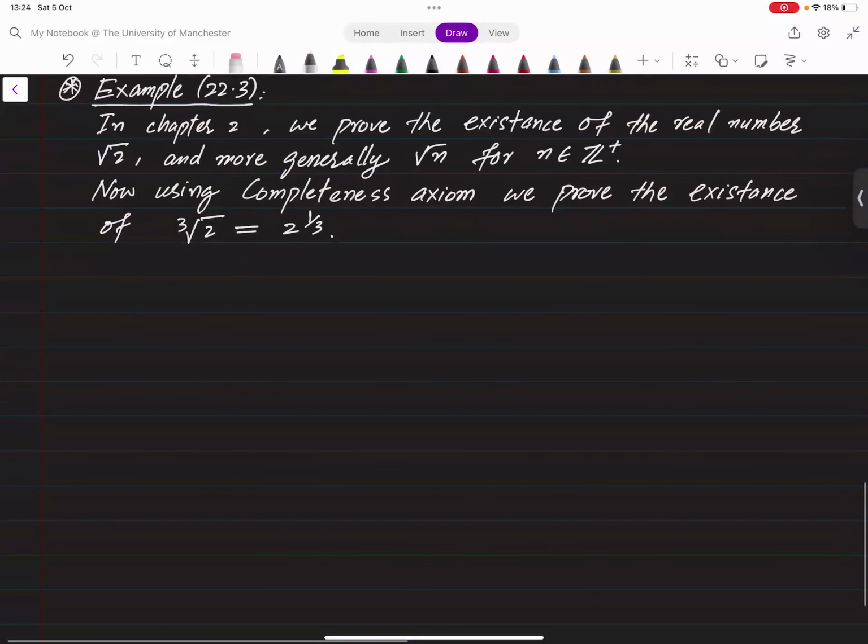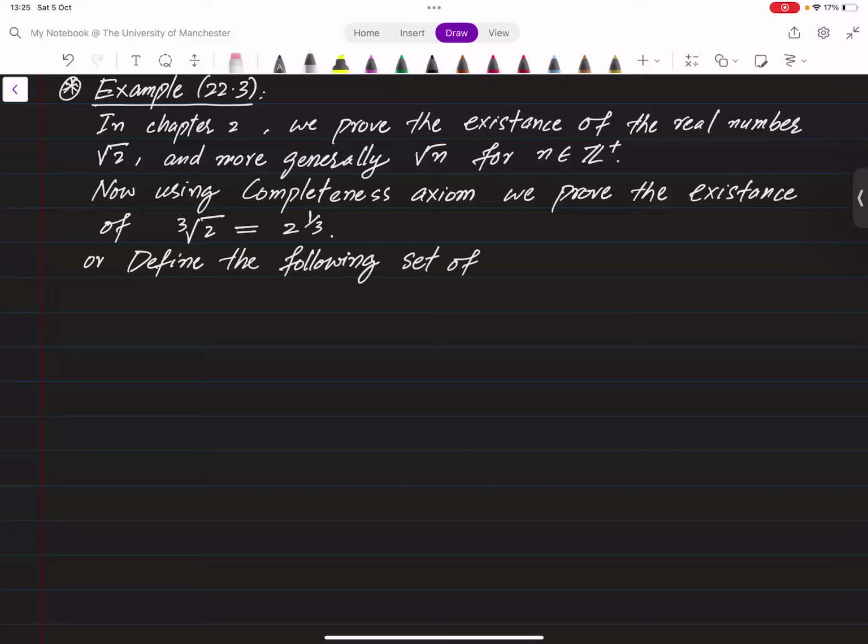Okay. The key idea is to define the following set of real numbers S, which has x such that x is a real number, comma, x cubed is less than 2.